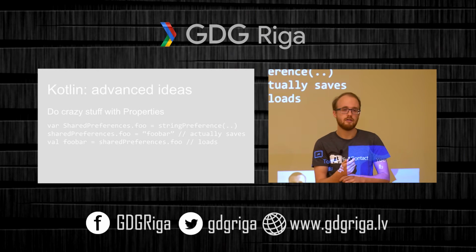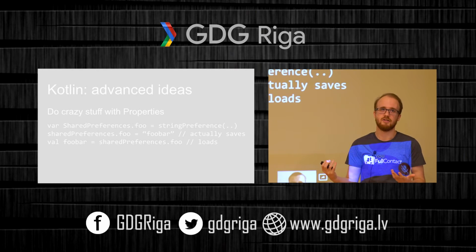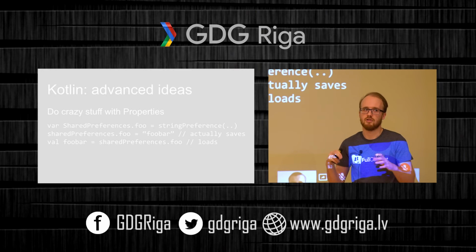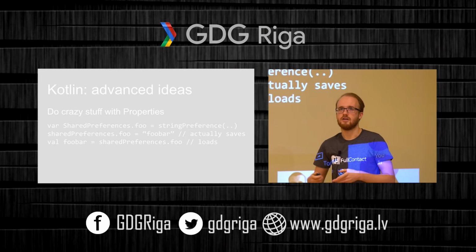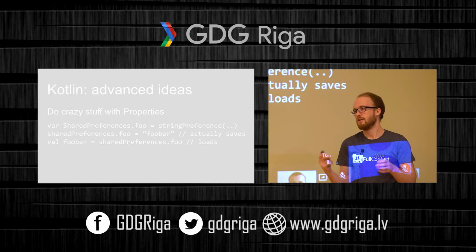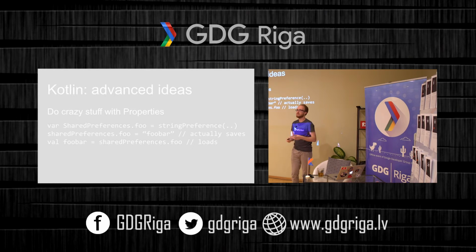If you define a variable with a delegate, you can do all kinds of stuff with it, and say initialize only when it's accessed, or whenever it's accessed, say with the preferences. And if you ever want to do something funky, try delegates, and it's just fun. Even if it doesn't end up practical afterwards, it's extremely fun. That's the main point I have for this slide. Because Sergey's already stolen my string preference, and I can't tell you about it because he already told you.